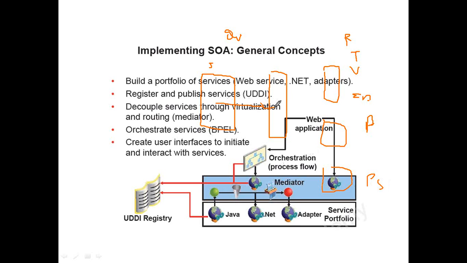Siebel has to send data to three different places. Whenever an order is created in Siebel, it goes into three systems. So going from one place and sending it to three different places is called routing. I am routing the data from one place to another.